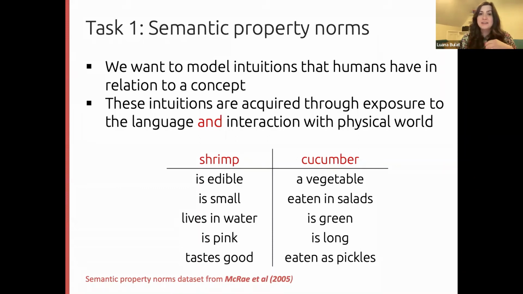This is a property production task, not a ticking exercise. People aren't asked whether a shrimp is edible, but are actually asked to come up with these properties. And it is very interesting that we all come up with roughly the same properties to describe these concepts.